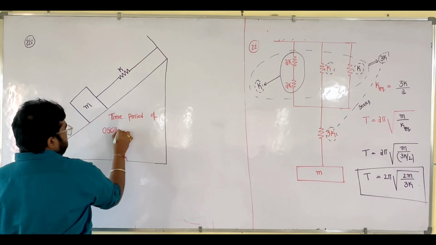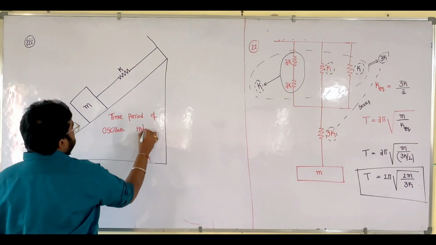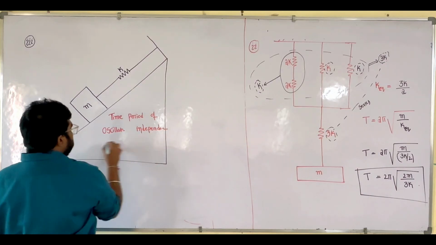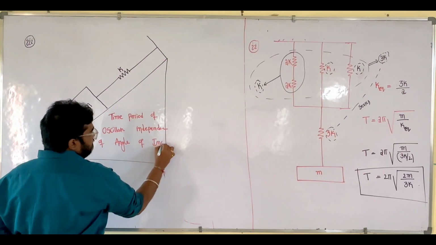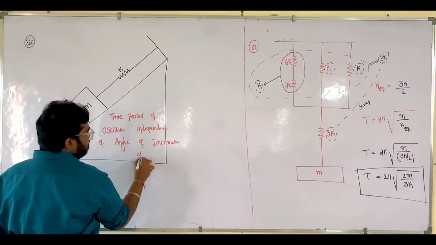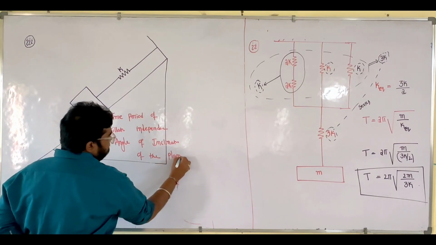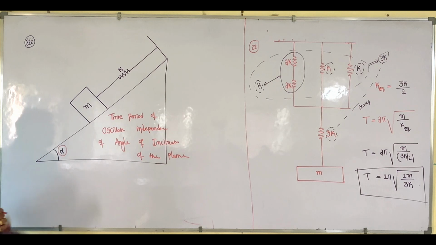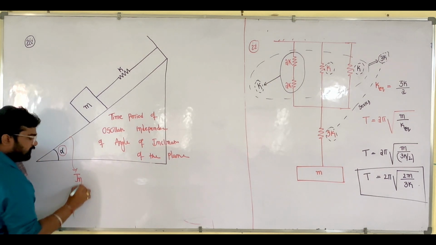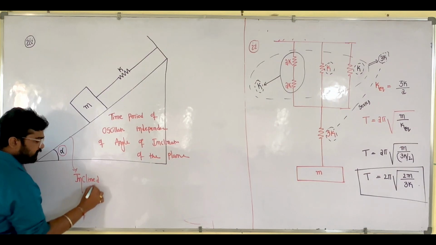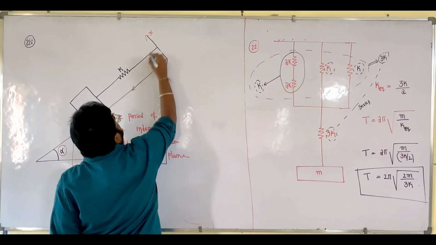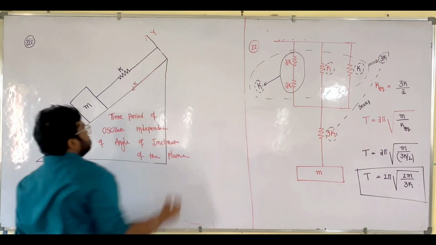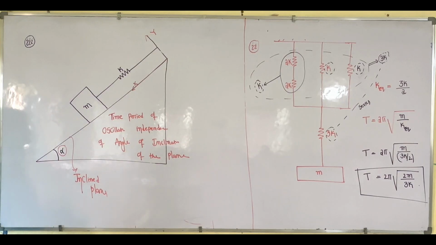This is the inclined plane, so we can take the reference: this is X, this would be Y.